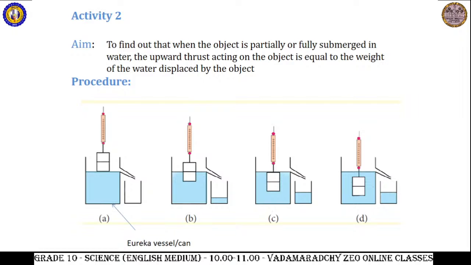Now we have to confirm that an upward force is exerted by the liquid. When an object is immersed in water, an upward force acts. But we have to find the magnitude, or value, of this upward force or upthrust.